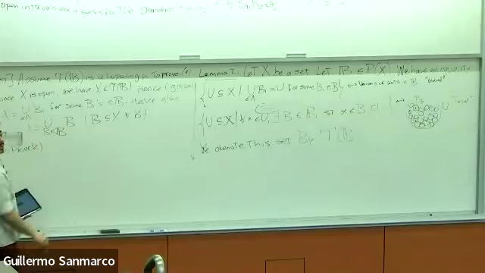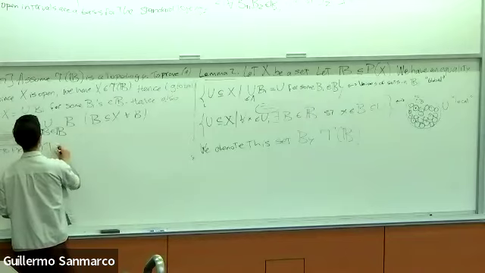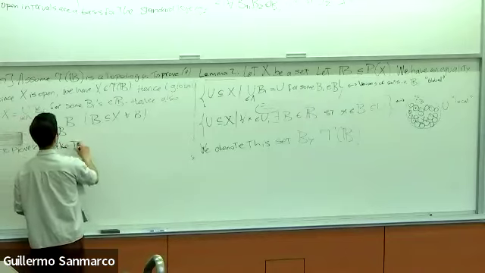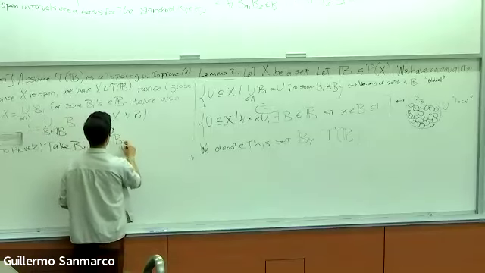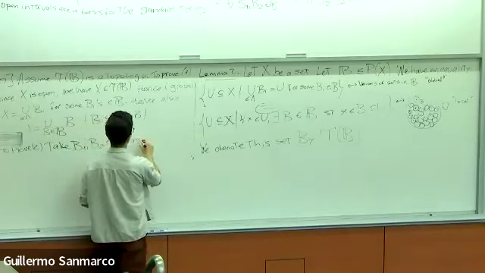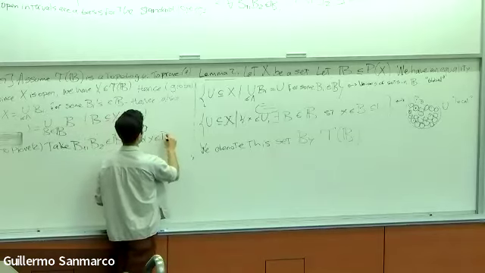Here we're going to use the local description of T of B. So let's take two elements in our basis, B1, B2, and let's take something in the intersection.